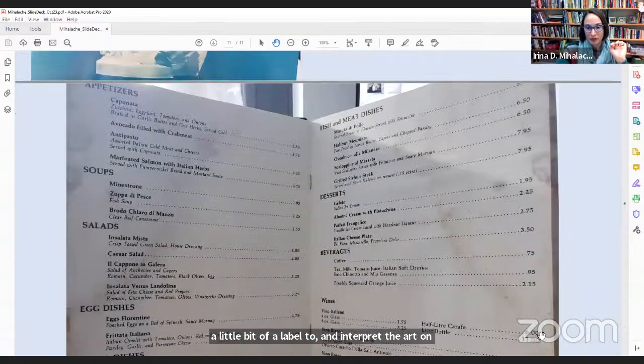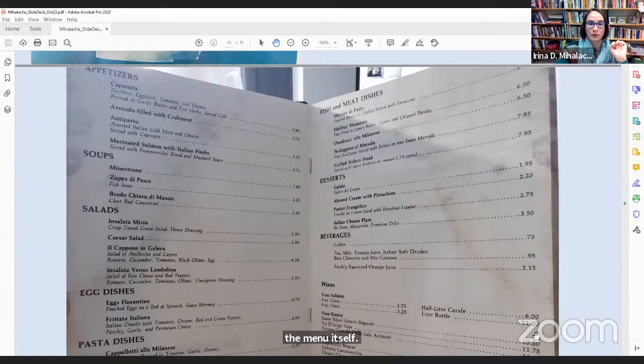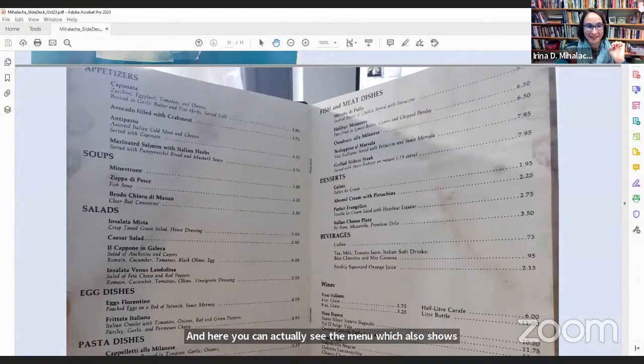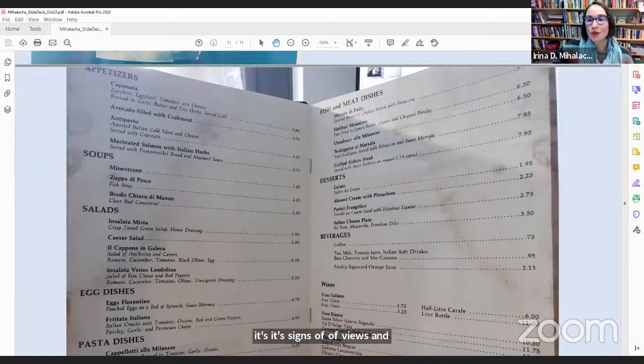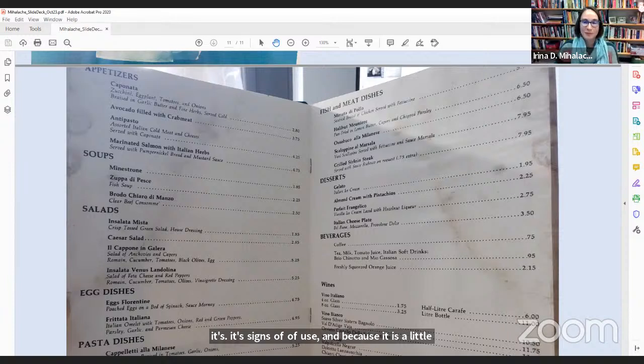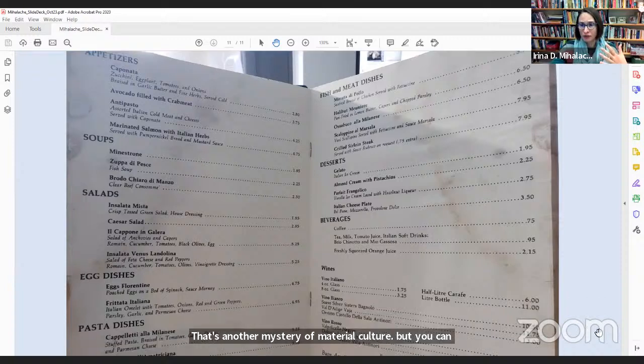And here you can actually see the menu, which also shows its signs of use and decay, because it is a little bit stained. So we don't know if somebody maybe dropped a little bit of water on it. That's another mystery of material culture. But you can see here again the interpretation of technically the Venus of Syracuse, right?